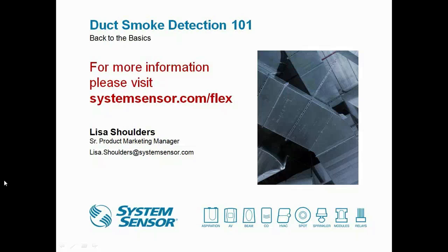Next question deals with sampling tubes. They're under the impression that they should span the entire length of the duct width, and they're asking to please clarify if the sampling tube is required to span that entire width. No, it is not required to span the entire width.